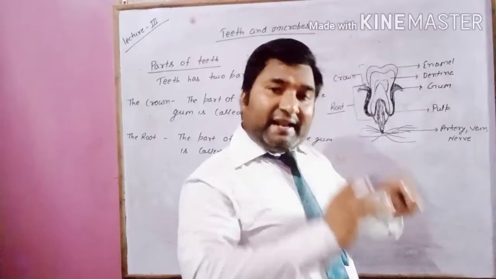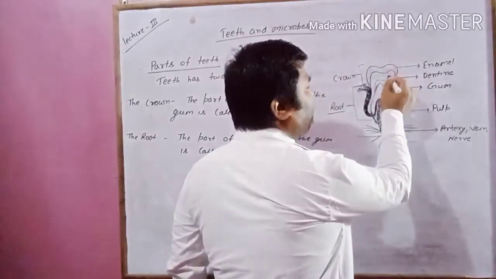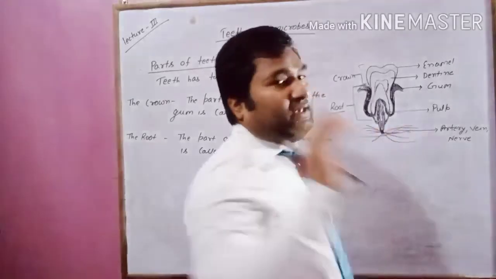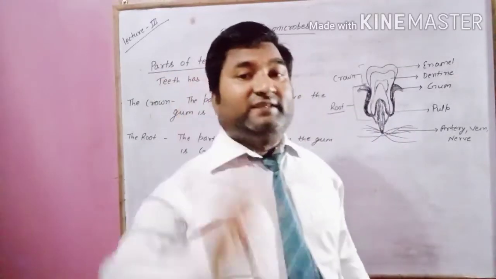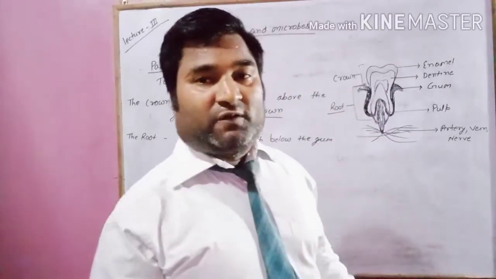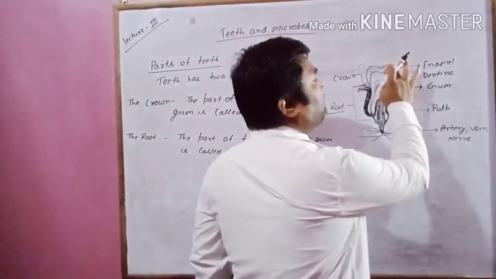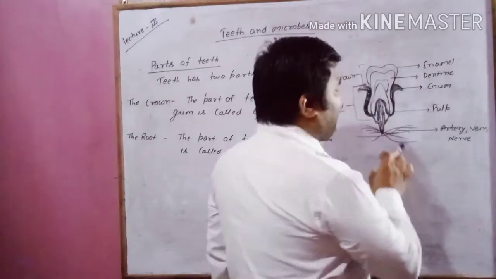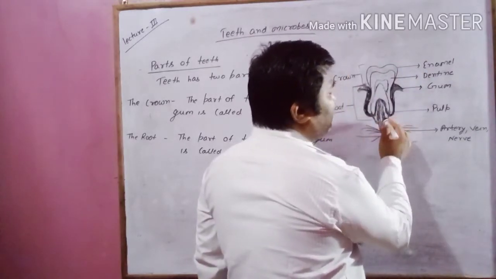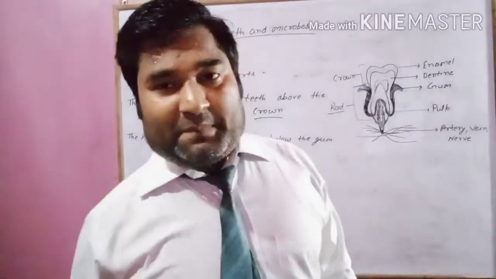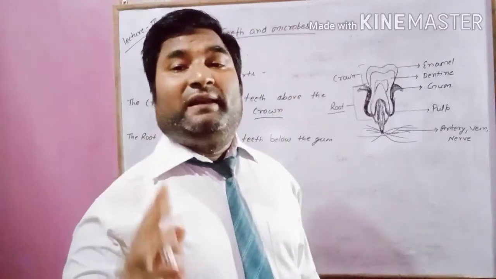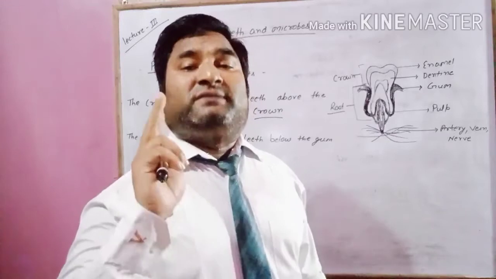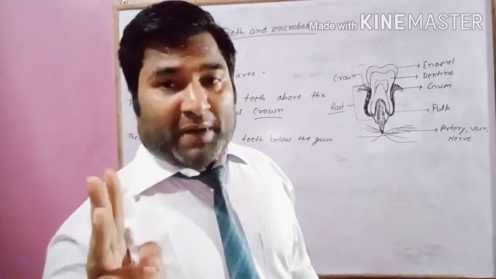Just next to the enamel, this portion, is called dentine. So if someone asks you the parts of teeth, you will say there are three parts: the outermost layer is enamel, next to enamel is dentine, and the innermost part of the teeth is called pulp.